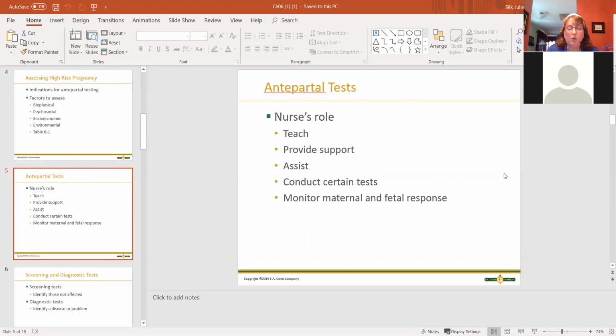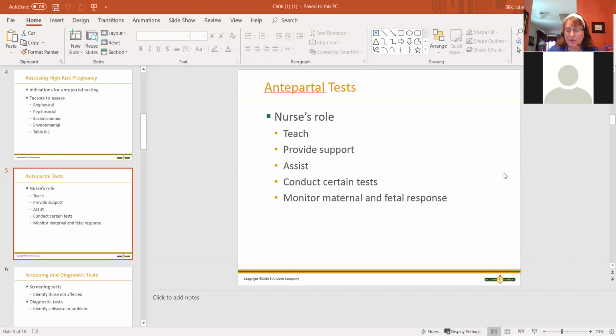Okay, so some of the things that we do during these tests, as a nurse. We want to explain to the woman how the test or procedure is performed. We want to explain any potential risks and benefits of having it. We want to tell the woman what to expect during the test or procedure so she's aware.